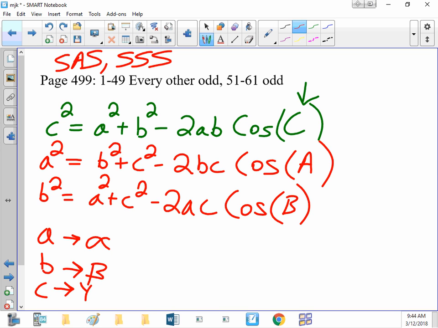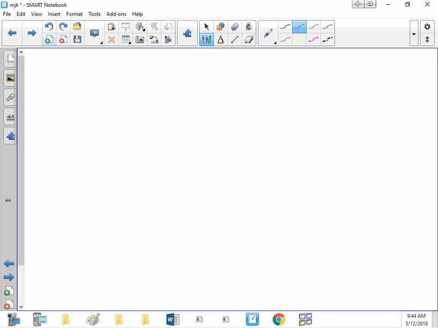Turn to page 499, and let's do problem number 2. Little a is 6, little b is 10, and gamma is 100.